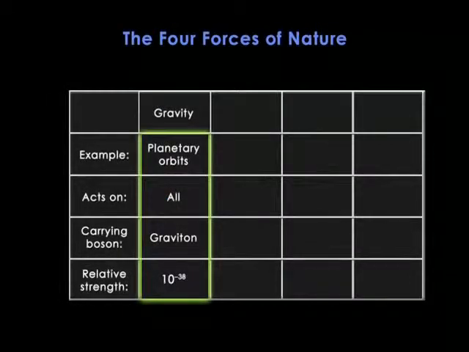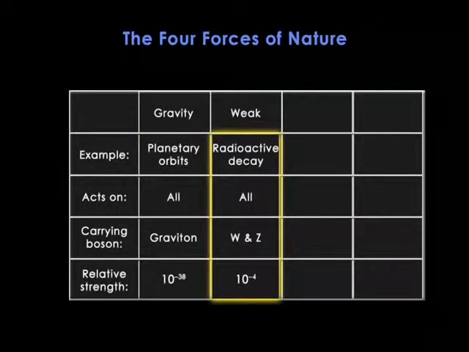Gravity is the force that holds you to the Earth and planets in their orbits. It acts between all particles, is carried by gravitons, and is extremely weak. The weak force only operates deep inside particles and causes them to change, as in radioactive decay.